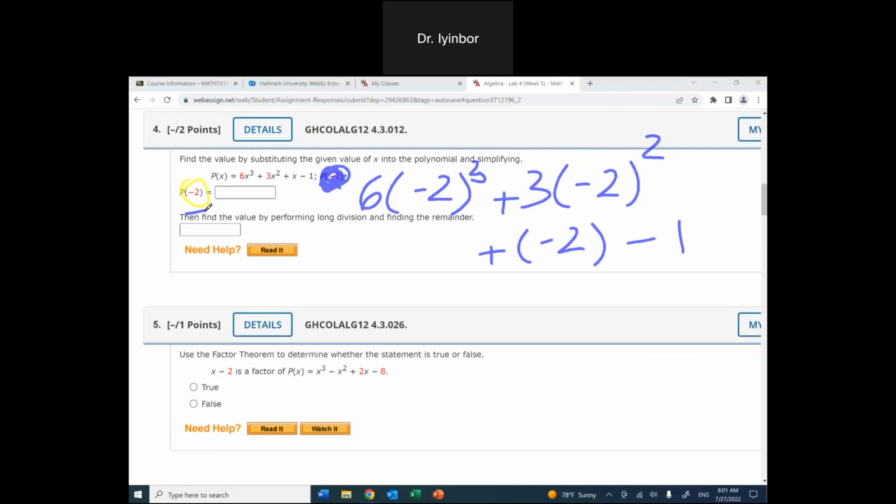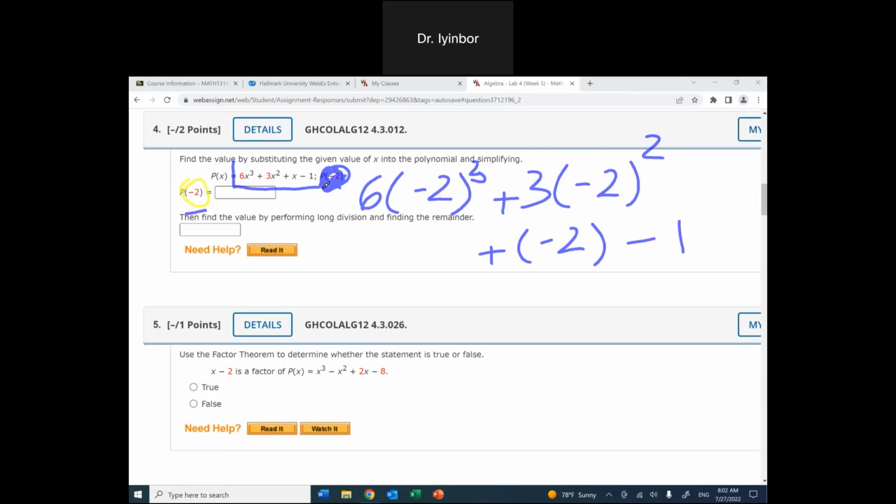So in this polynomial, which is 6x³ plus 3x squared plus x minus 1, you replace all the x's with negative 2 because that's the number given. You're going to have a different number to plug in. And then you can use your calculator. I'm doing it in my calculator just exactly like that. Just plug it in.